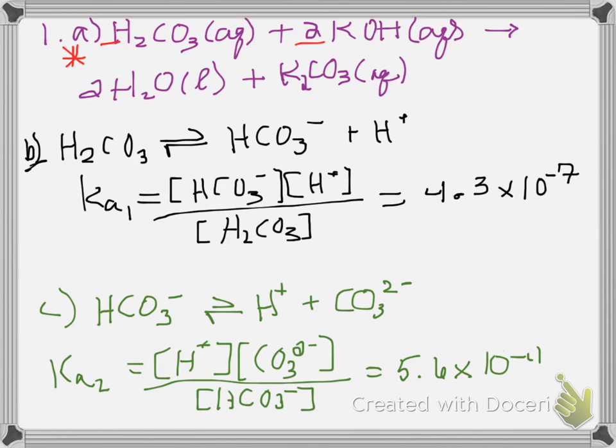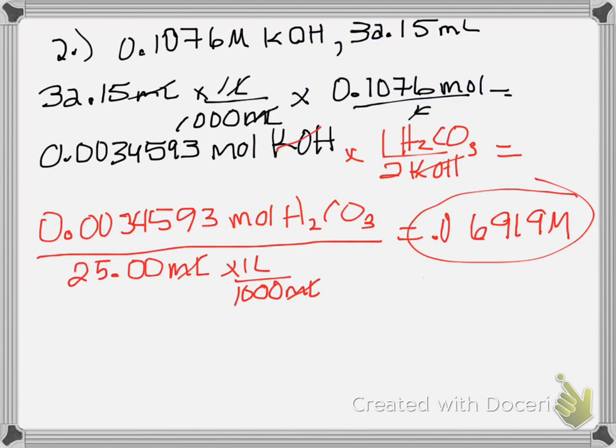The first buffer zone is going to be the first Ka, so we're going to use this B reaction here. That's what's happening, and so all I need to figure out is the concentration of carbonic acid and hydrogen carbonate, and if I have that, I can use the Henderson-Hasselbalch equation. Again, I give that to you for the test, but the one we're going to use is based on the pKa because we already looked up the pKa.